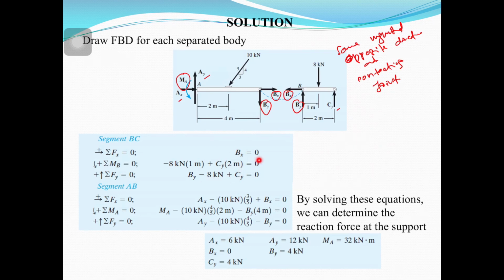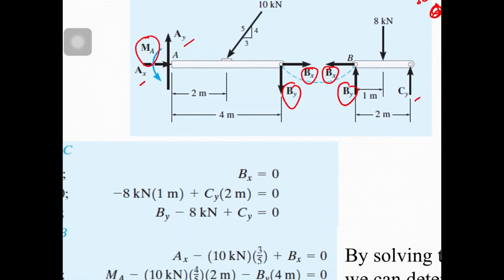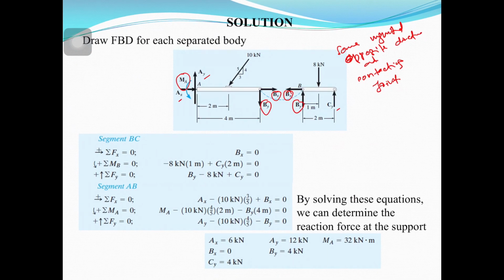You get the Bx for here, okay, you get the Bx at here, it's the same as here. You get By at here, it's the same value as here. You get Bx for the member BC. The value of Bx is the same for the member AB. Here, Bx. Okay. So when you find Bx here, you can also apply the value of Bx into here, segment AB.